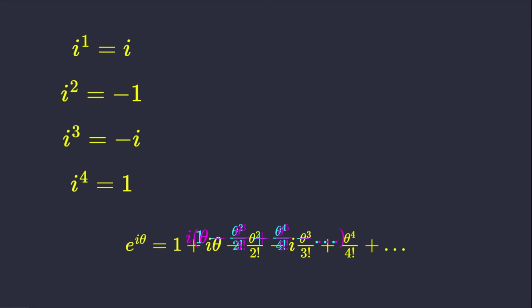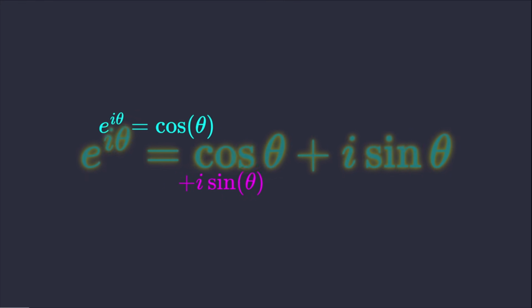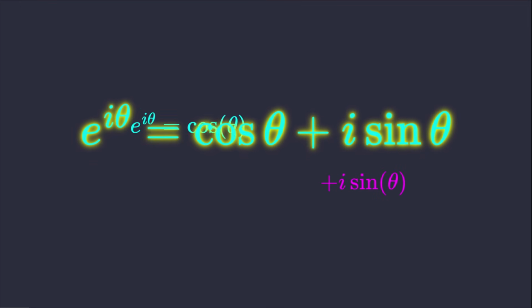This four-cycle pattern introduces the necessary sign changes and separates the terms into real and imaginary components. Grouping the terms with even powers of n, which are always real, reveals the Maclaurin series for cosine theta. Grouping the terms with odd powers of n, which are always imaginary, reveals i times the Maclaurin series for sine theta. This confirms Euler's formula: e to the power of i times theta equals cosine theta plus i times sine theta.